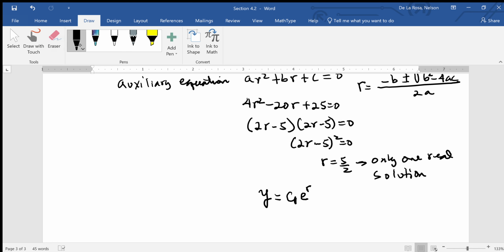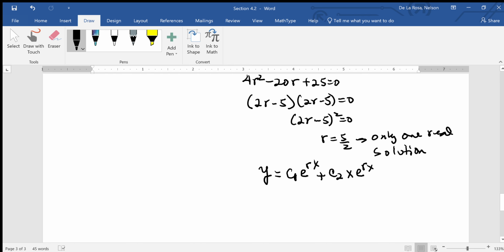In this case, r is 5 halves. So the general solution is going to have this shape: y equals c1 e to 5 over 2 x plus c2 x e to 5 over 2 x.